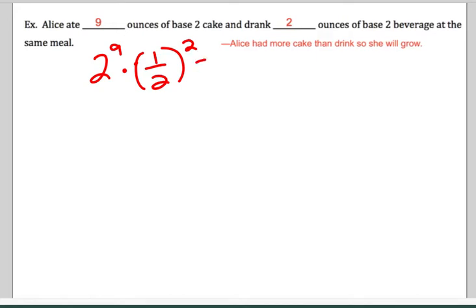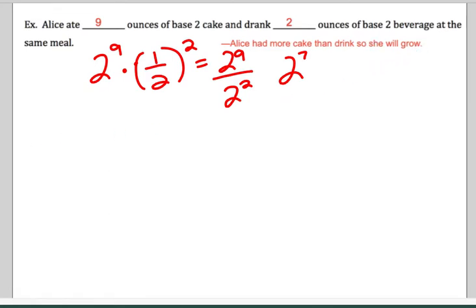If we write that as one exponential expression, we would have 2 to the 9th over 2 to the 2nd. And again, we're going to subtract our exponents. 9 minus 2 is 7. 9 is the larger, and so 2 to the 7th goes in the numerator. Alice had more cake than drink, so she's going to grow.